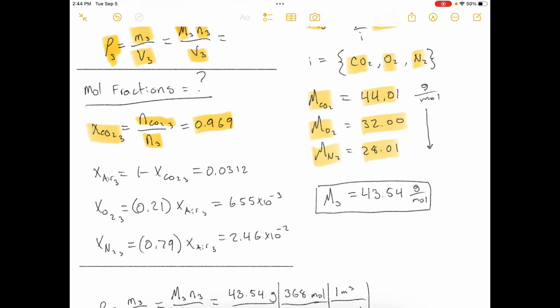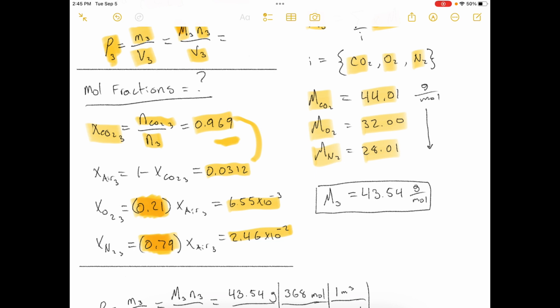We already solved for the molar mass of air. It's in the same ratios as what air is normally in. Oxygen has a mole fraction of 0.21, and nitrogen has a mole fraction of 0.75. So the remaining amount, air, is going to have this ratio, because it's going to make up the difference of how much is not carbon dioxide.